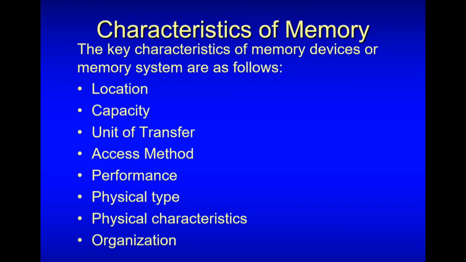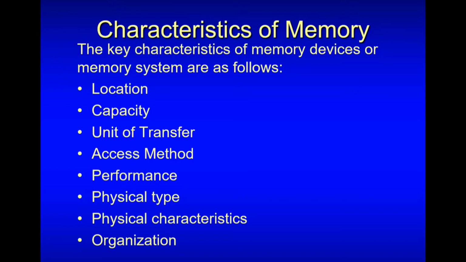Next, capacity. Capacity is the memory size. When you use laptops or personal computers, the secondary memory generally has a capacity of say 1 TB, but that is not the memory size of the RAM, which is inbuilt within the CPU.